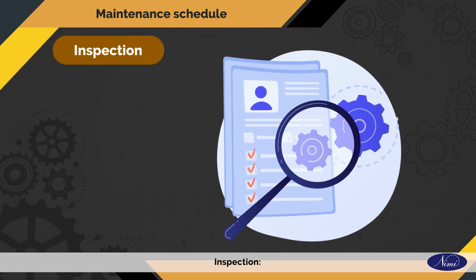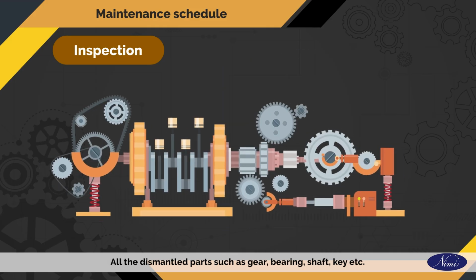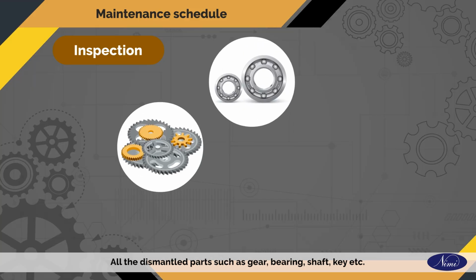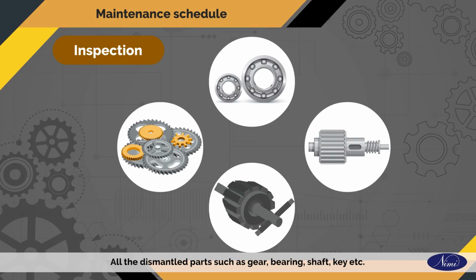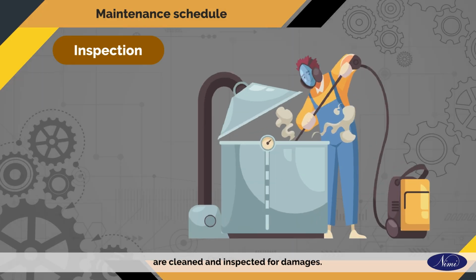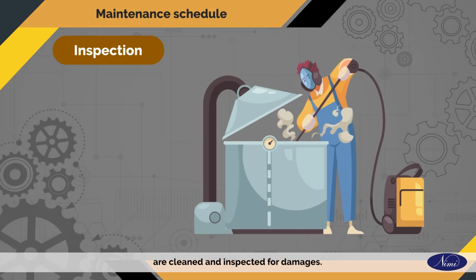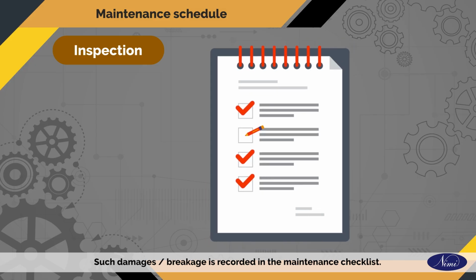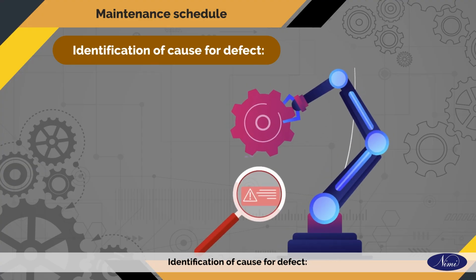Inspection. All the dismantled parts such as gear, bearing, shaft, key, etc. are cleaned and inspected for damages. Such damages or breakage is recorded in the maintenance checklist. Identification of cause for defect.